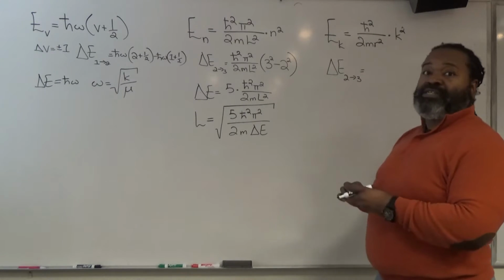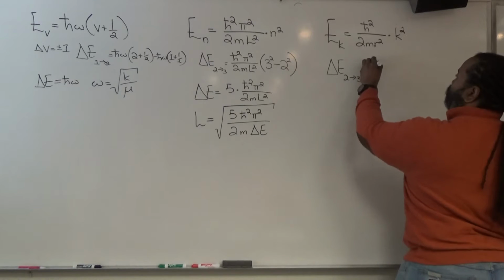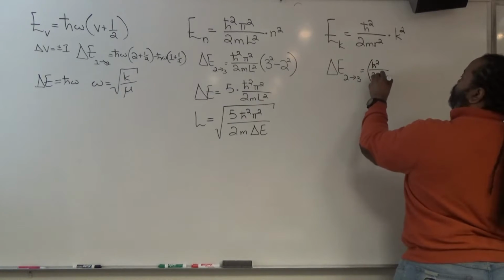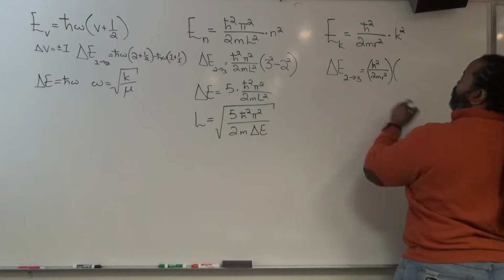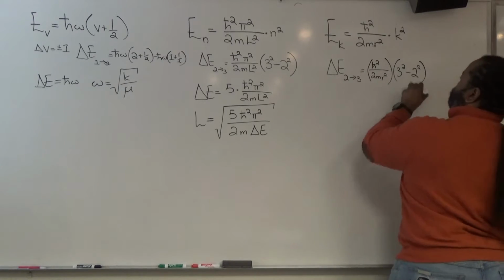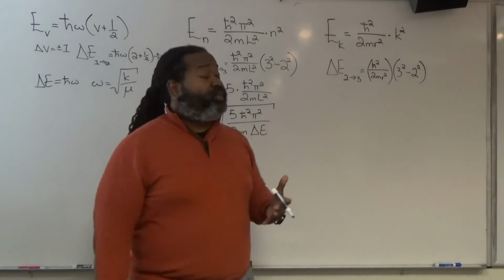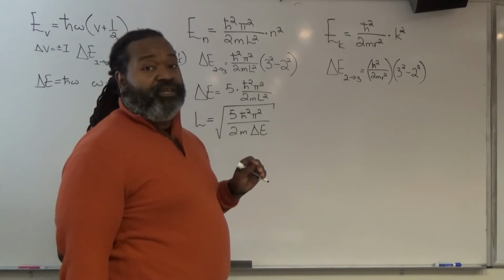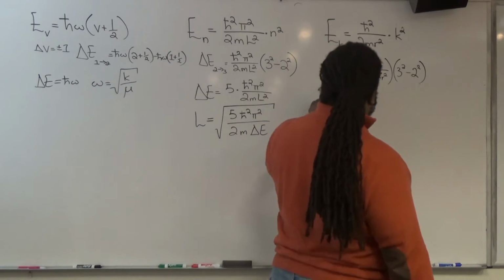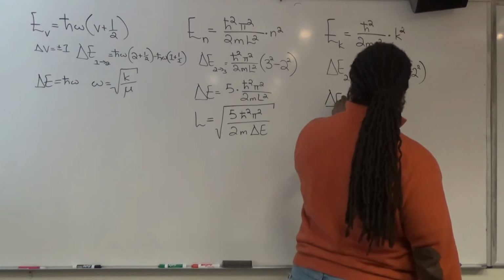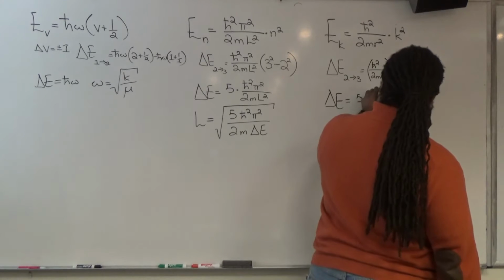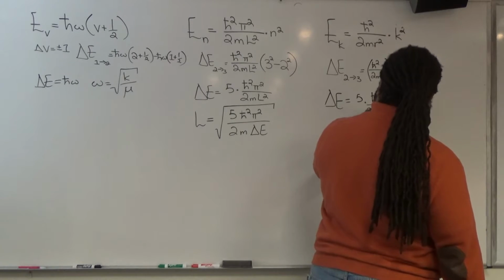The k squared part is what changes. So we can write h bar squared over 2mr squared, and our final minus initial. And so in this case, we're going to get something that looks very similar to what we had here, because in both cases we have squares. And so our delta E then is 5 times h bar squared over 2mr squared.